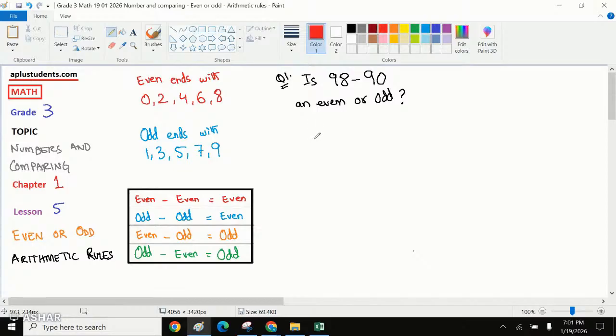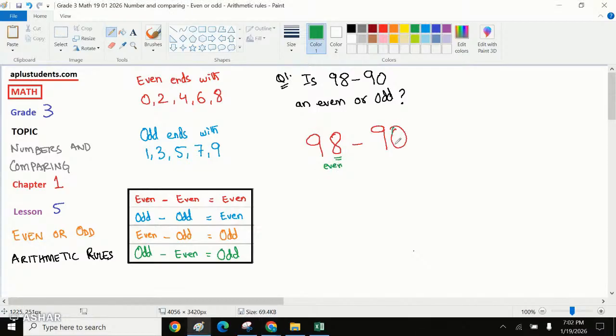See, the two numbers given to us are 98 minus 90, right? We know that the first number is ending with an 8. And the number that ends with an 8 is always even, right? This is an even number.